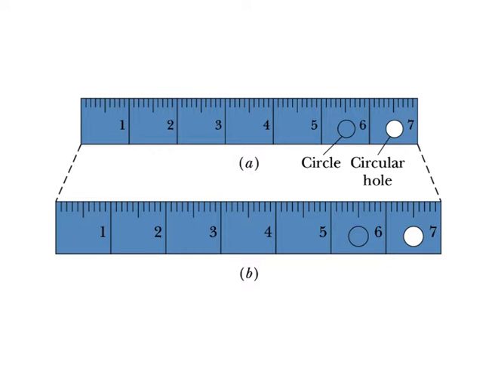The thermal expansion of a solid is like photographic enlargement, except that it is in 3 dimensions. Part B of the figure shows the thermal expansion of a steel ruler.